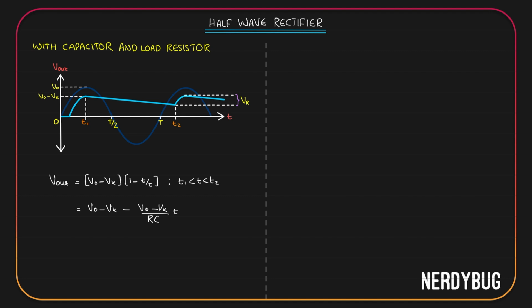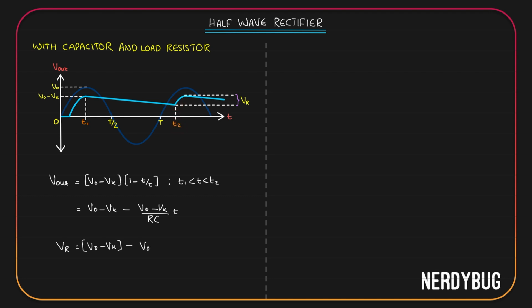We need to find an expression for the ripple voltage VR. From the graph, we can see VR is this value minus this value. This is the maximum potential across the capacitor. It is V0 minus Vk. So VR is V0 minus Vk minus whatever is the potential across the capacitor at time T2.